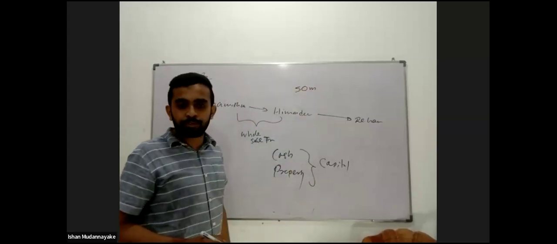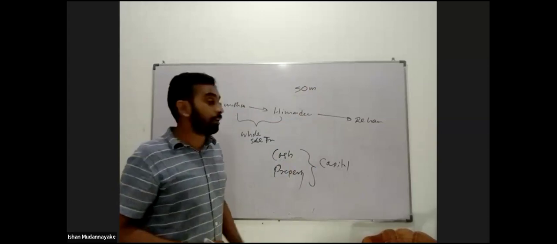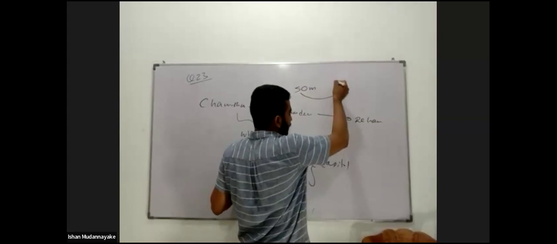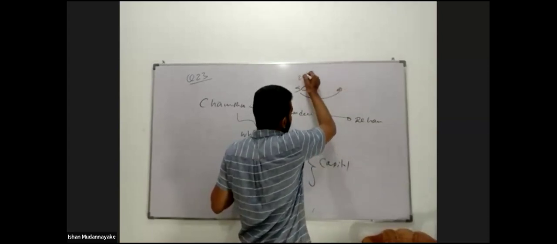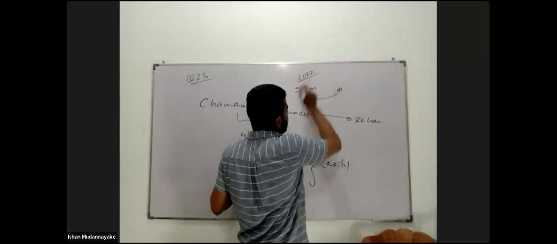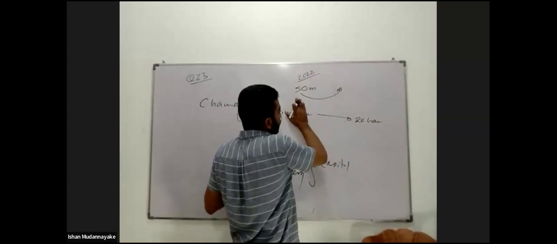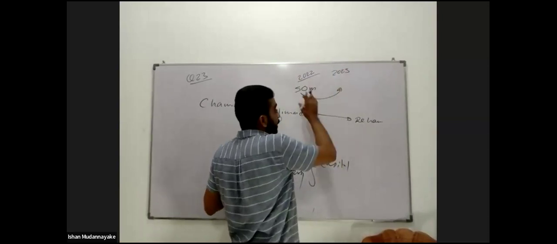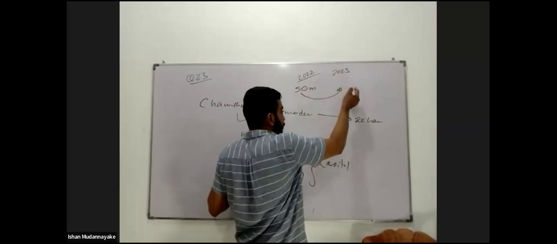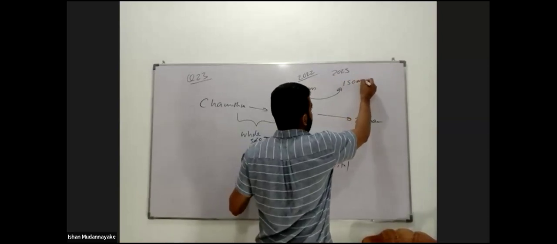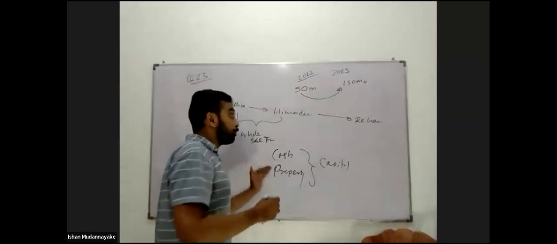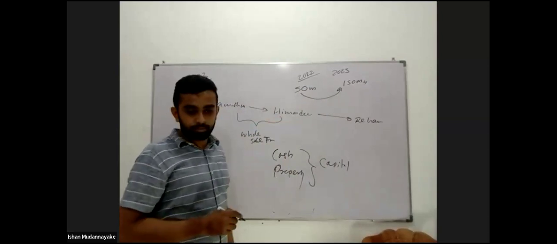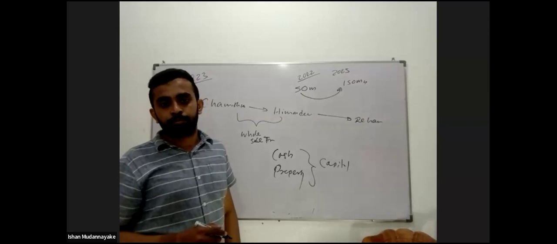Then the owner expects to grow this total sales. Let's say in the 2022 financial year, total sales are 50 million. Then in the 2025 financial year, sometimes the owner may expect to achieve 150 million sales. Growth of the business operation in future is one of the expectations of the owner.